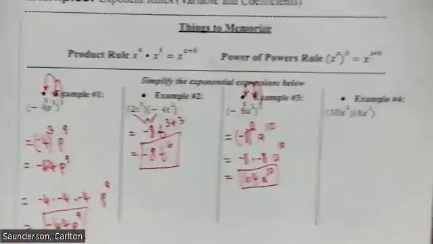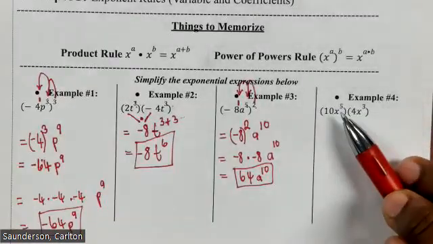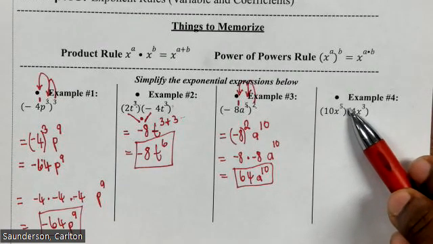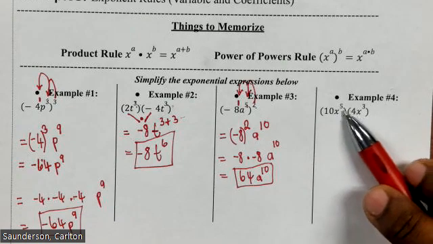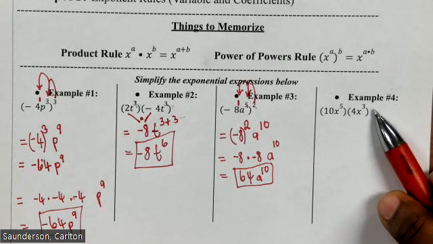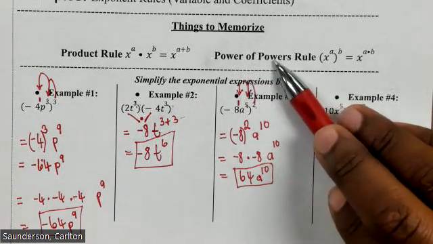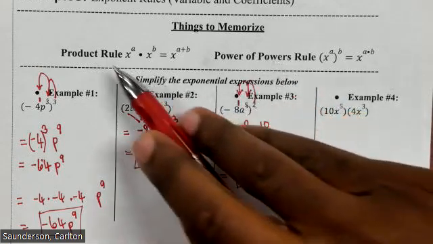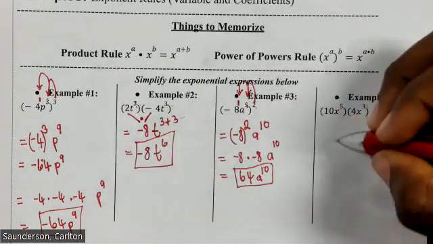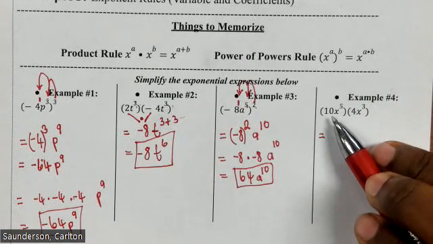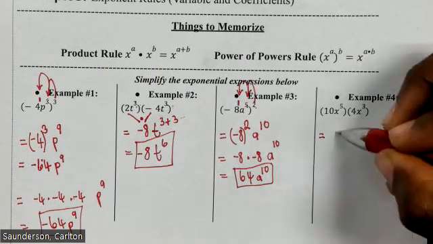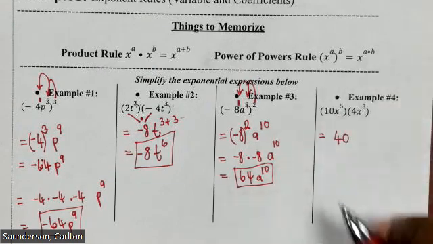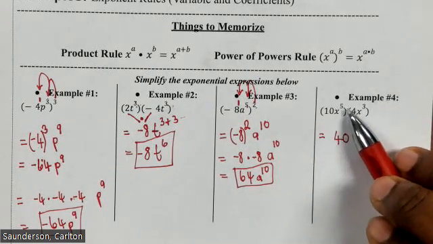For the next one, I see parentheses, but do you see any numbers outside of the parentheses for both of these? No, I don't see any number outside of the parentheses. That means I'm not doing power rule. I'm going to be doing product rule. When we're doing product rule, first you multiply the numbers. So 10 times 4 is 40. Then we multiply the bases.